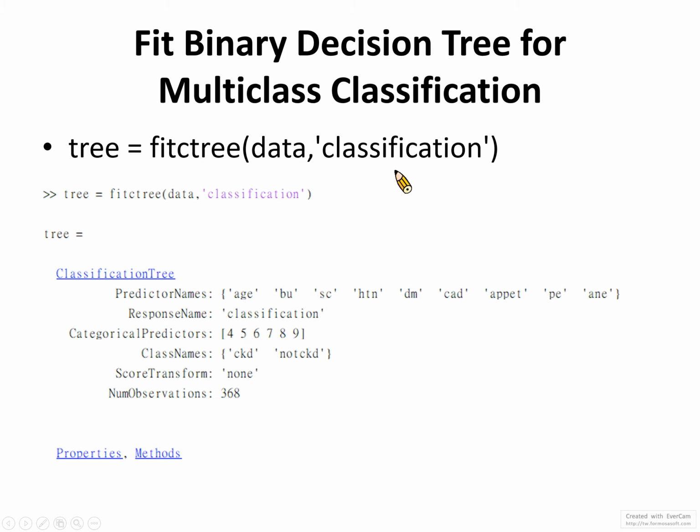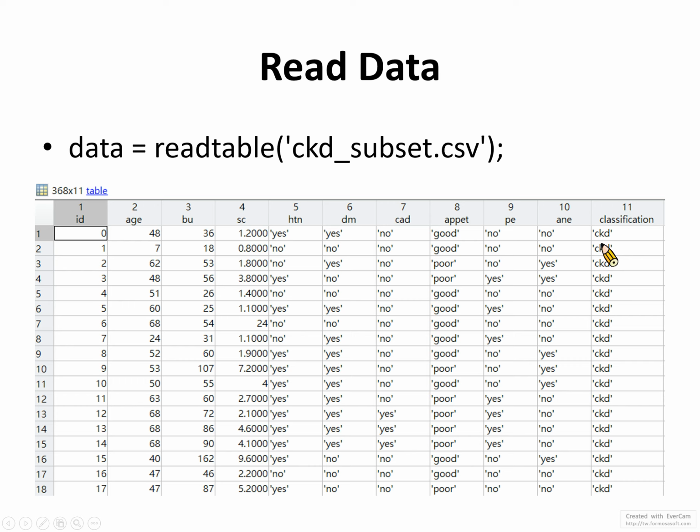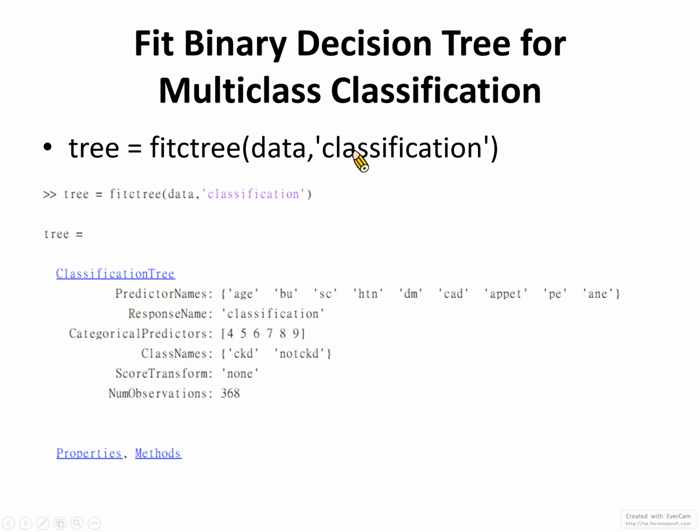Remember, in this table we have a variable called classifications, which is the response variable divided into two categories: one is CKD and the other is not CKD. That's why I put the classification variable as the response variable.